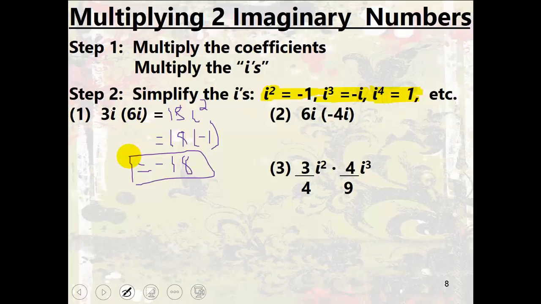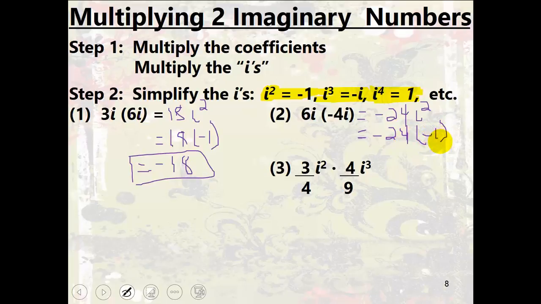You try number 2. Answer the video question. Here we go. 6 times -4 is equal to -24. i times i is i squared. We know that i squared is the same as -1.